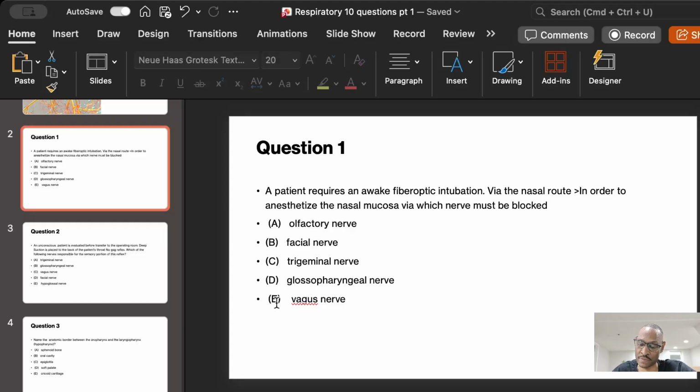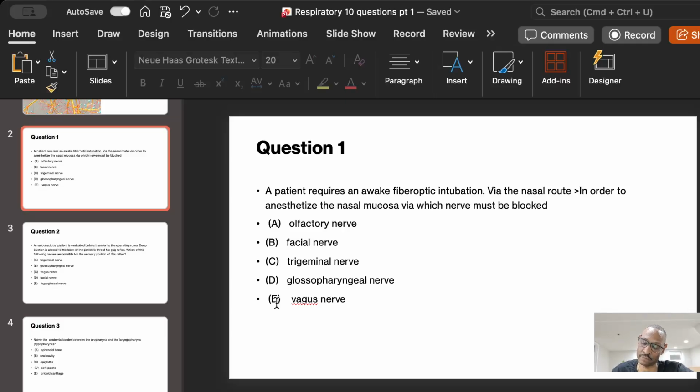I'm going to say to myself, this was trying to help me understand the anatomy of the nasal cavity and its importance for an awake fiber optic.